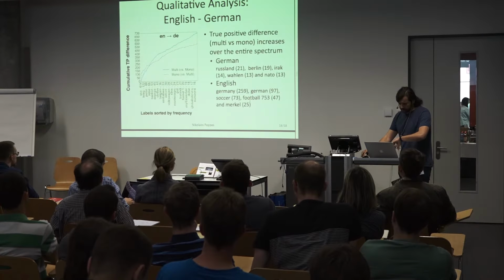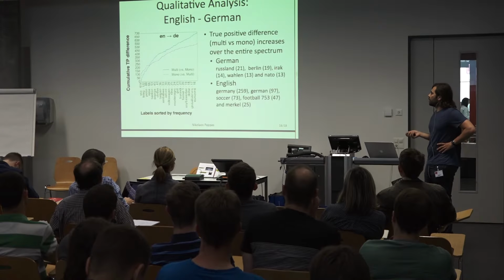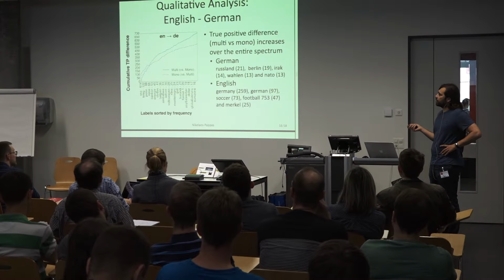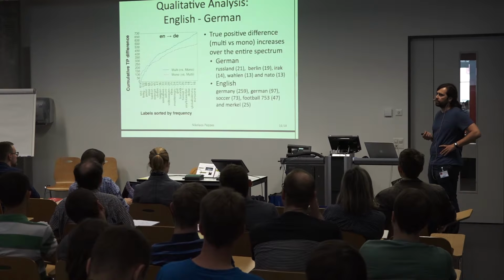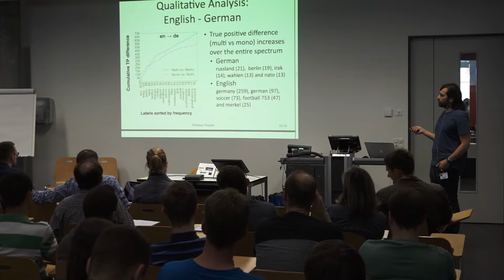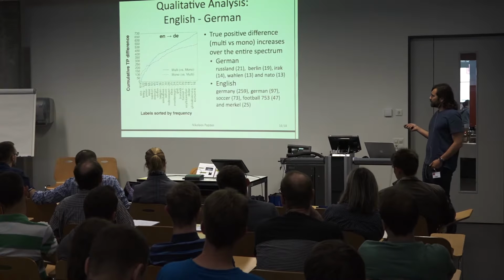So finally, some qualitative analysis. Here I show a graph which on the y-axis shows the cumulative true positive difference between the multilingual and monolingual model. On the x-axis we have the topics ordered by label frequency.